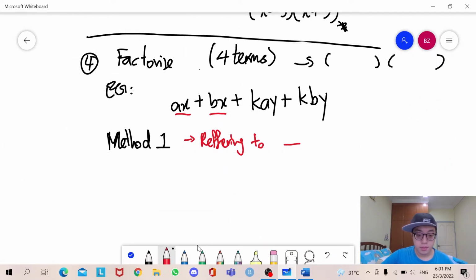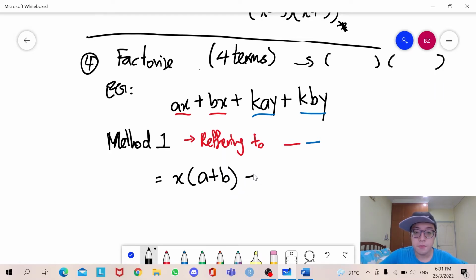And blue underlines. If we compare these two, we can see that from ax plus bx, x is the common factor, the common term. So from here we get x(a plus b), and from the second part we can see kay plus kby. The k and the y are the same, so we bring out both k and y, (a plus b).